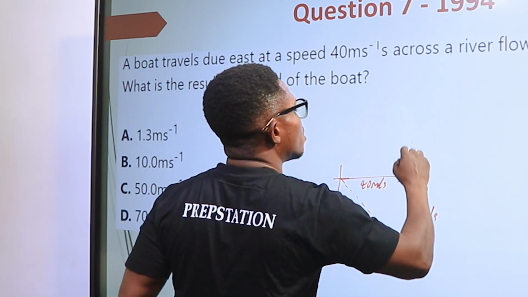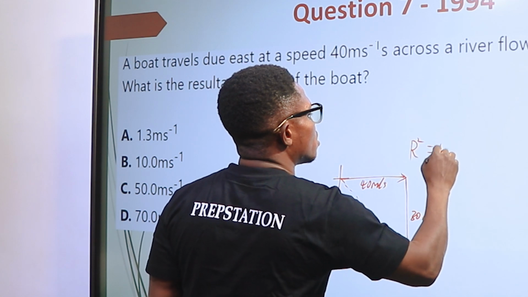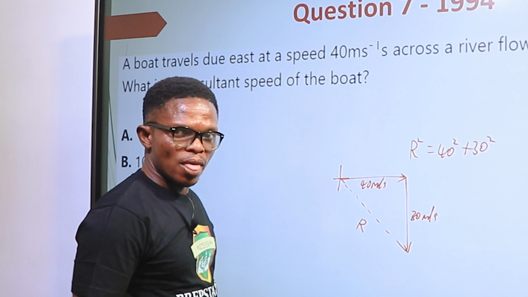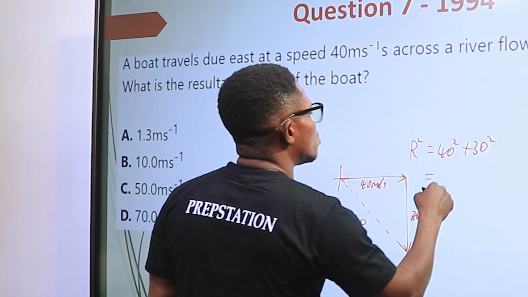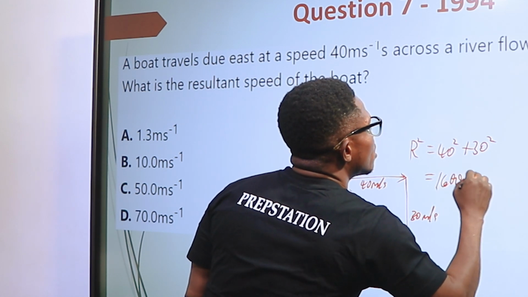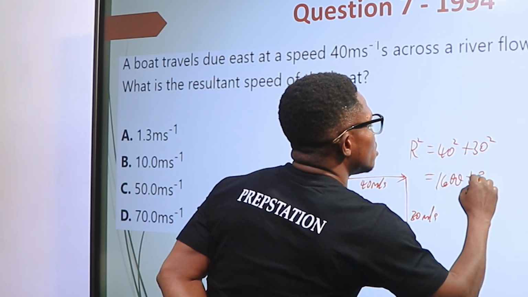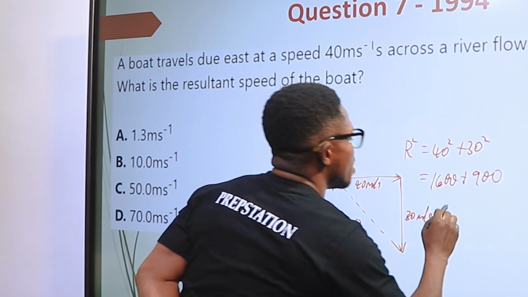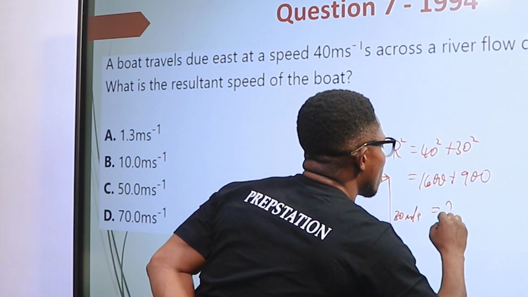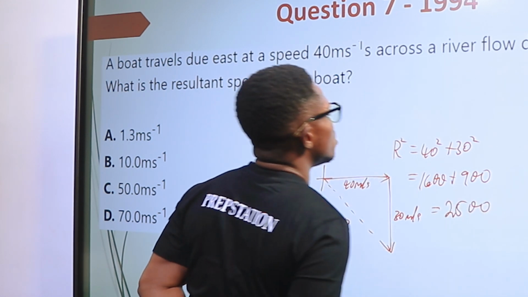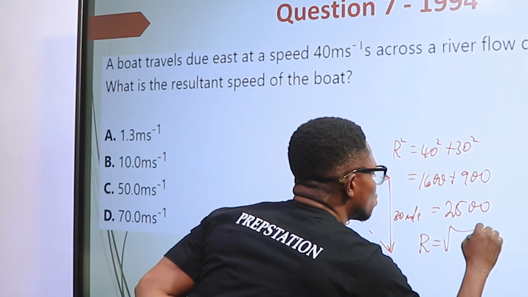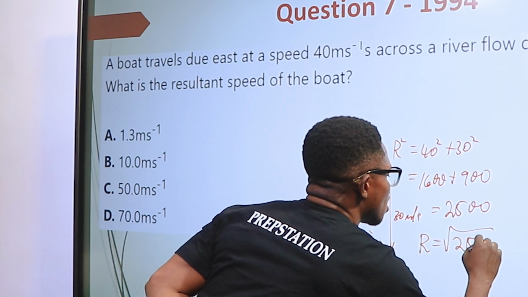If that is R, then I can say R squared will be equal to 40 squared plus 30 squared. Of course, if you have your calculator, just do this with me. 40 squared is 1,600, and 30 squared is 900. If you continue, you get 2,500. So R will be the square root of 2,500.